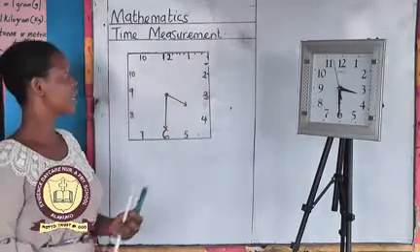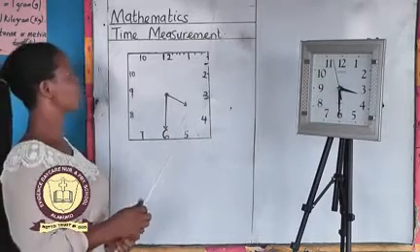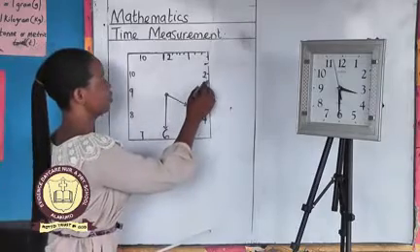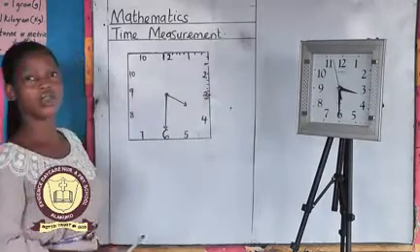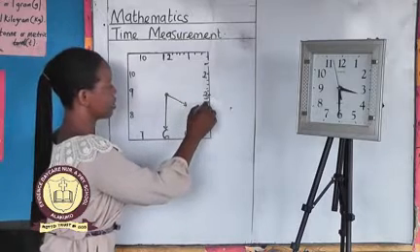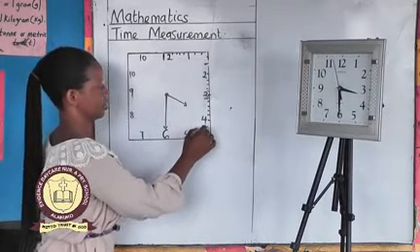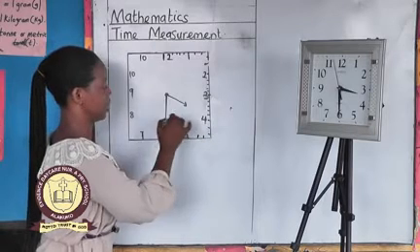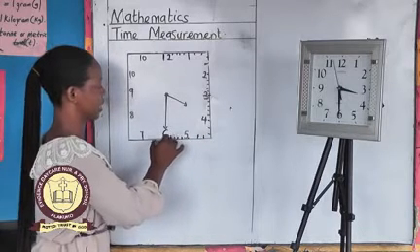So from here to here now, you have 10. That is 10 minutes. You move from this 10 now, again, 11, 12, 13, 14, 15.